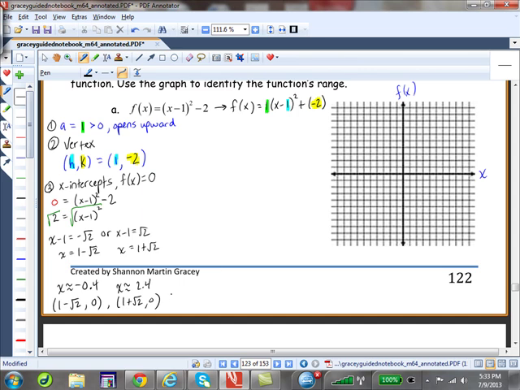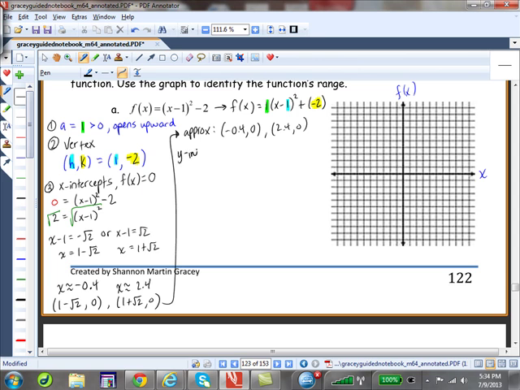Which would be, let's come up here, approximately negative 0.4 comma 0 and 2.4 comma 0. And the y-intercept is easier.